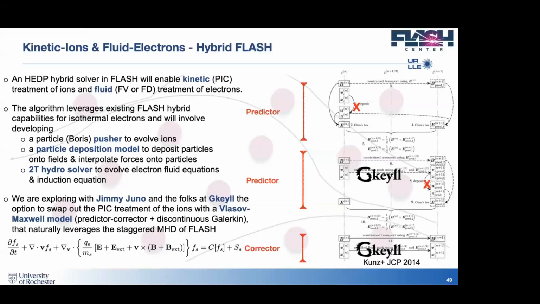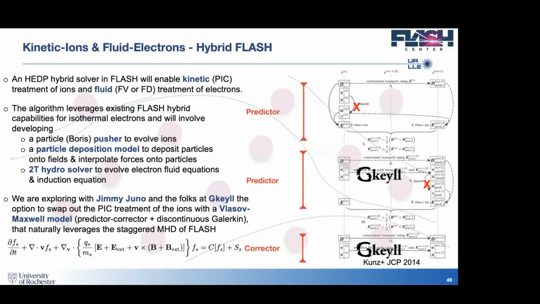We're not going to do 3D 3V. That's nuts. It's just too expensive. For now, what we're looking at is 2D 2V at the lower resolution, which we have convinced ourselves is doable and about 2 times more expensive than what we already do in the hydro solve for the particular application that we have in mind, because that is going to be our starting point.